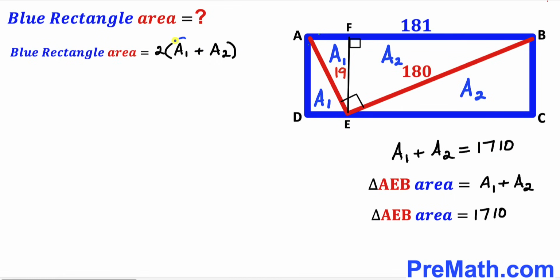So I'm going to substitute that value, 1710 square units, over here. We could write 2 times 1710. If we multiply, that is going to give us 3420 square units, the area of this blue rectangle ABCD.